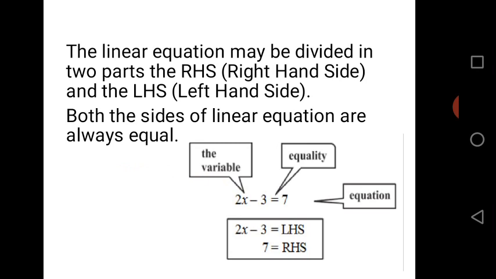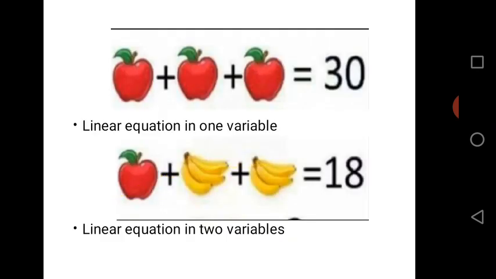Both sides of a linear equation are always equal. Now you can see the example 2x minus 3 is equal to 7. Here the variable is x, and the two sides are separated by an equality sign. So we can say 2x minus 3 is the LHS and 7 is the RHS.